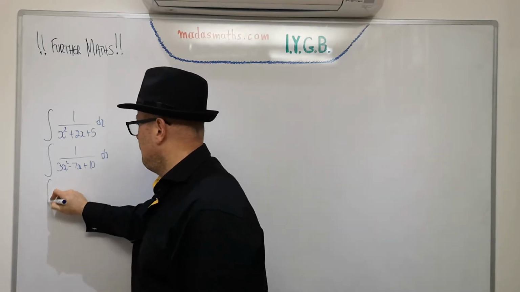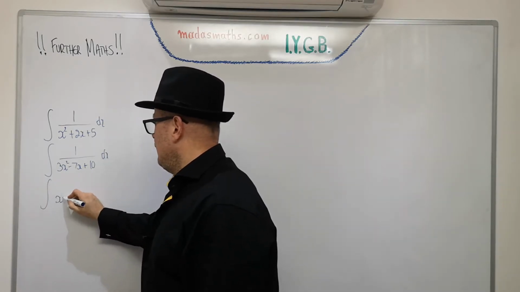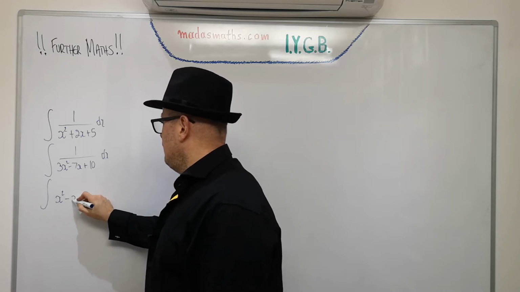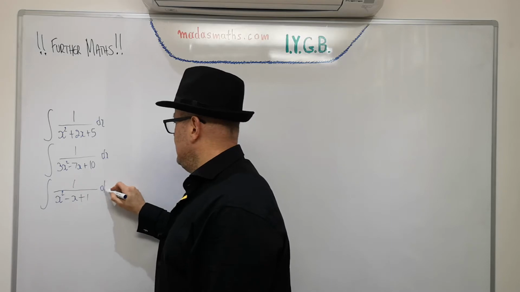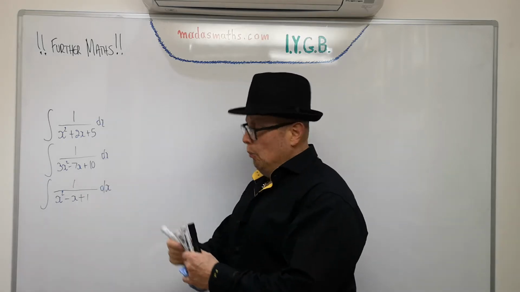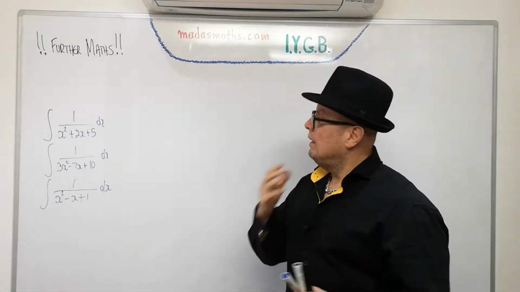And let's put one more, nice and simple, this last one, x squared minus x plus 1 on the denominator, again, 1 dx. Okay, what do they all have in common?